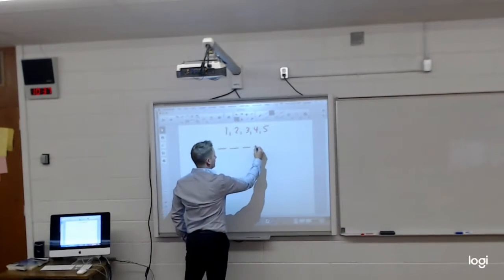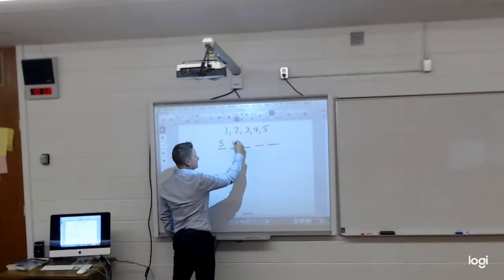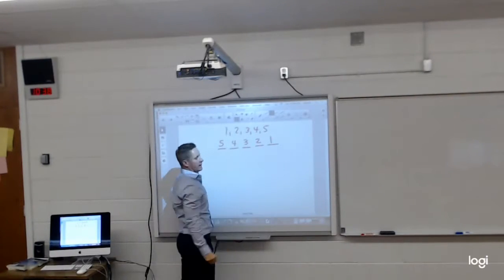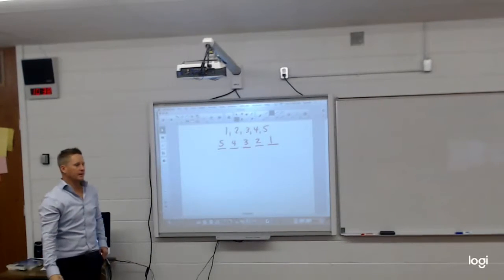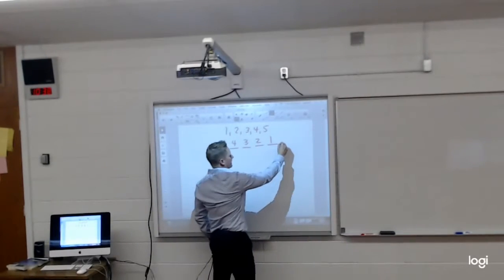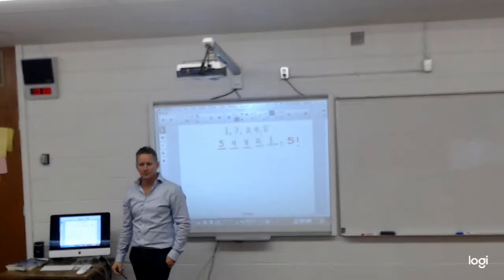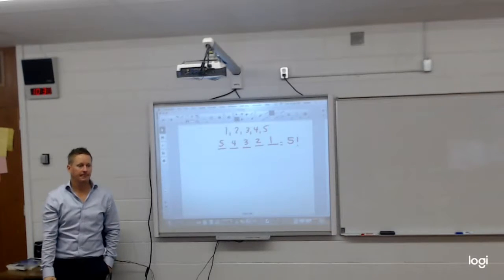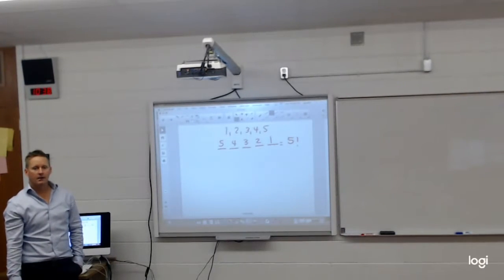And what goes in the first one? 5, 4, 3, 2, 1. You can multiply that on your calculator, or you could just put in 5 factorial. That gives you 120.